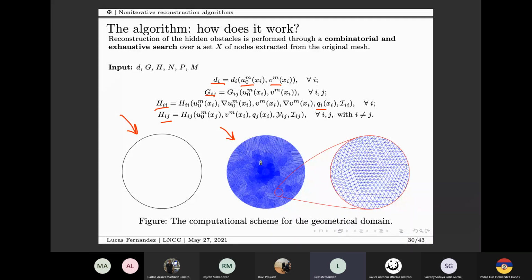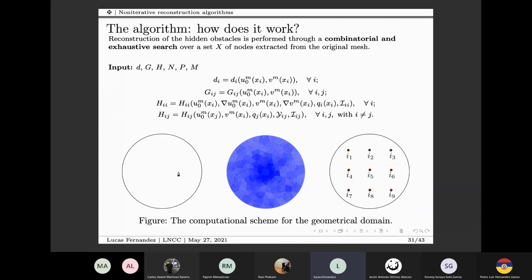So if there is a hidden obstacle within the reference domain, then its center must be located at a node of the blue mesh, okay? However, as you can see, this is a very fine mesh, and there are thousands of nodes here, okay? So it's infeasible to look for the location of the obstacles considering a search space with so many possibilities.